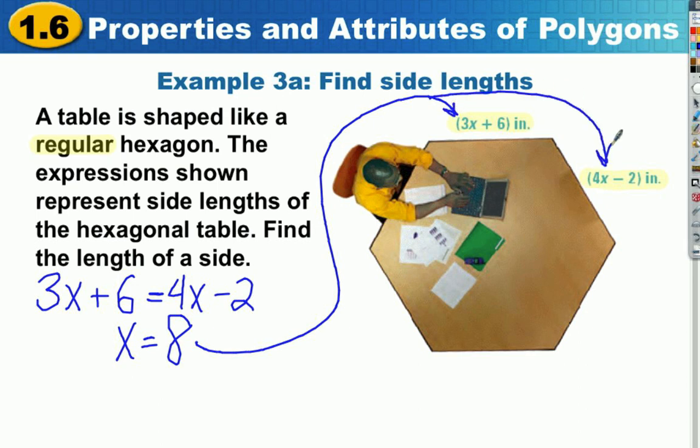You will get the same answer either way. 3 times 8 is 24, plus 6 is 30. 4 times 8 is 32, minus 2 is 30. No matter what, we get 30 inches. Make sure you put your units of measurement. Any comments or questions on how we accomplished our goal?